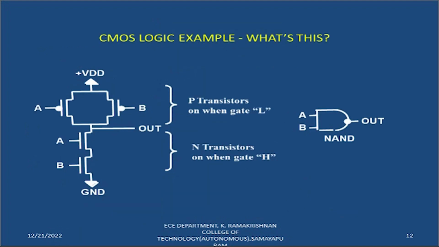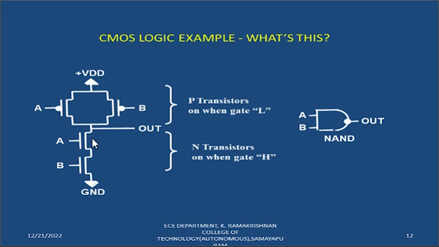This is an example of how we can design the NAND gate using CMOS transistor logic. In this example, the pull-up transistors are present on the upside, and on the downside we have NMOS transistors. If in a PMOS network you interconnect two transistors in parallel, it is called a PMOS NAND gate.